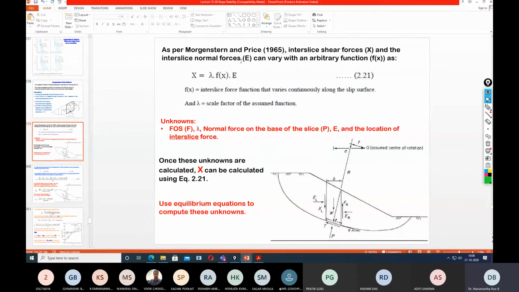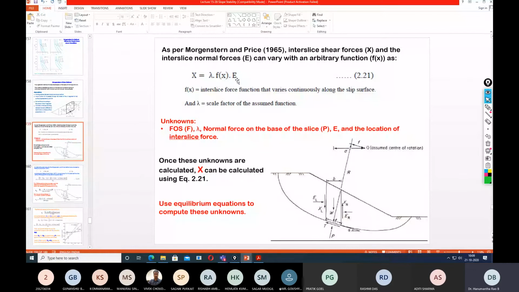And interslice normal force is E. Interslice normal force E. Interslice tangential force is X. And some arbitrary function f of x. Then some scale factor for the assumed function. So lambda associated with the f of x.